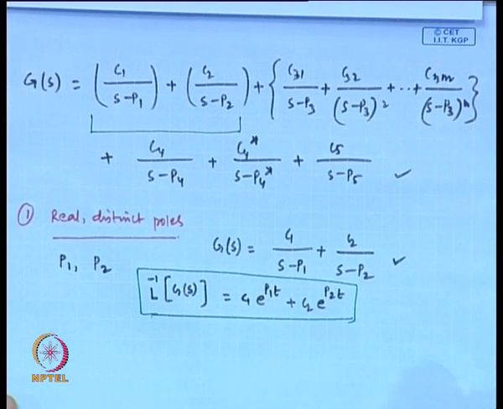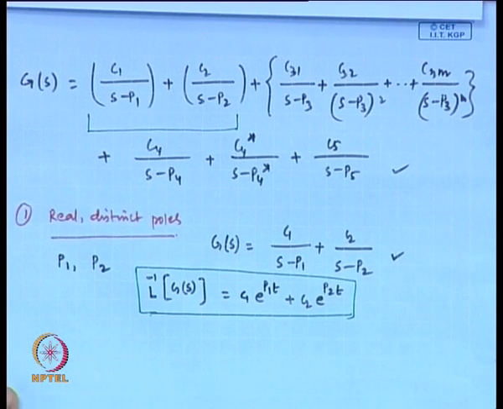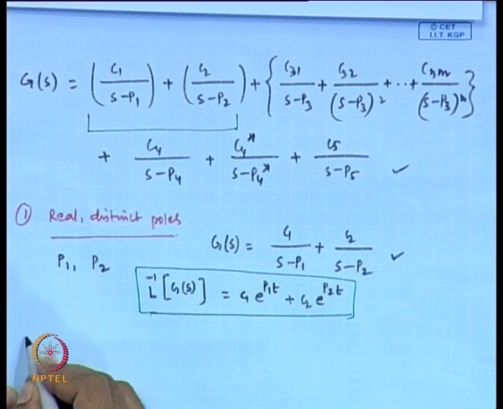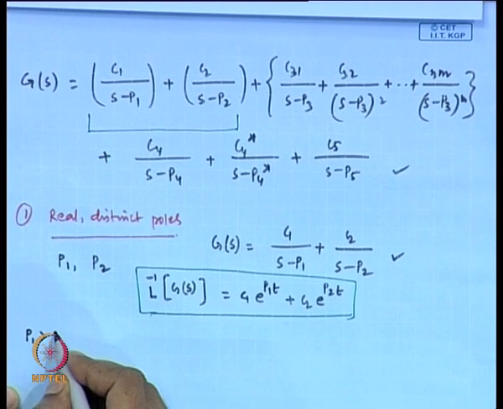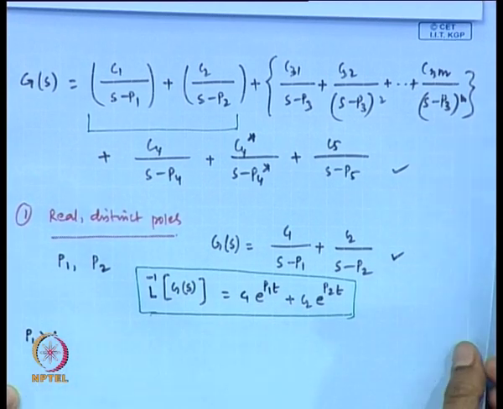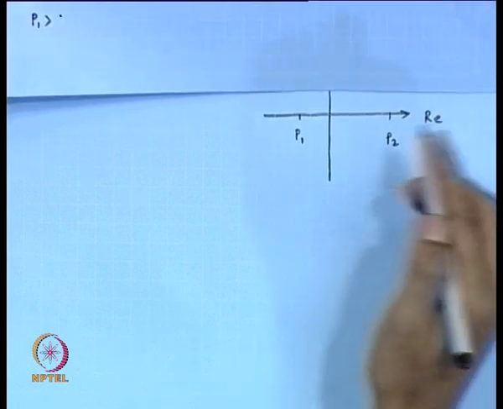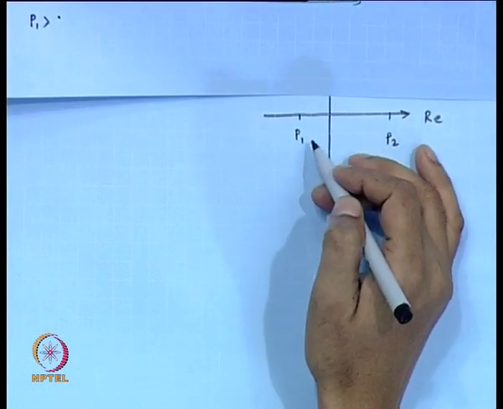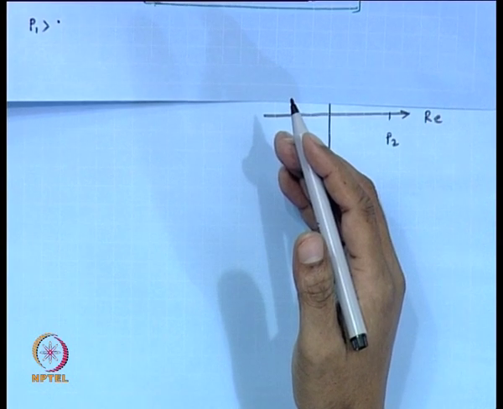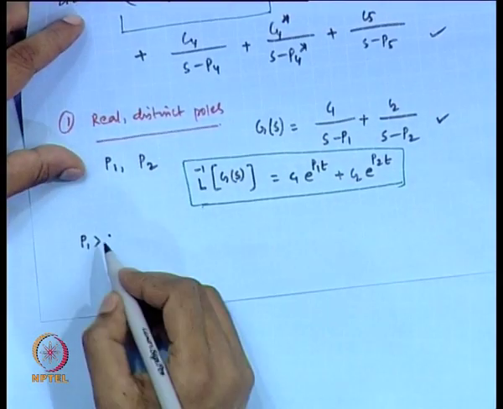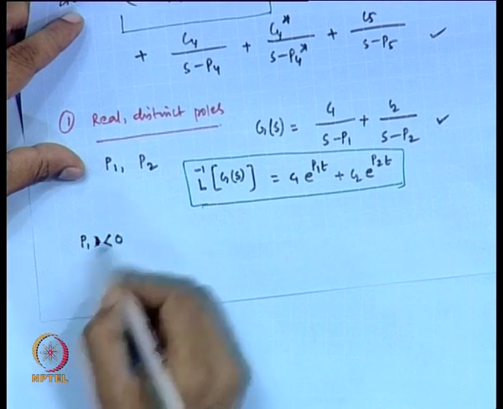Now, P1 we have considered in this complex plane is less than 0, because that is in the left of the imaginary axis.